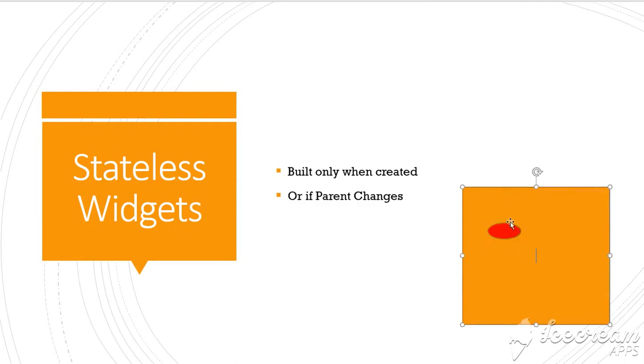The state of this widget will only change if the parent widget is changing. Otherwise it will never change, because these widgets don't change their state on any user interactions or input. So this is the difference between stateless and stateful widgets in Flutter.